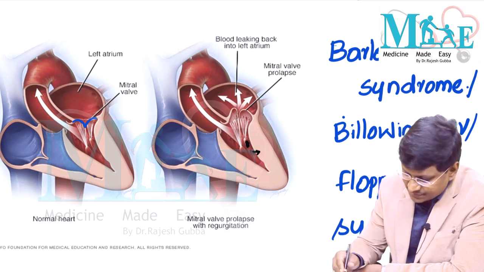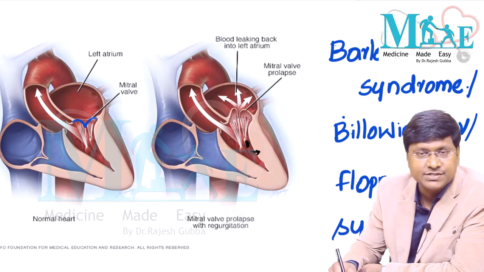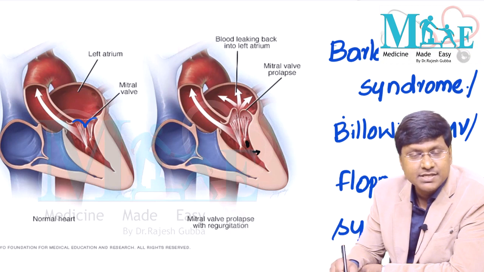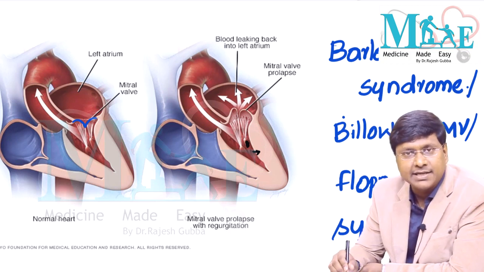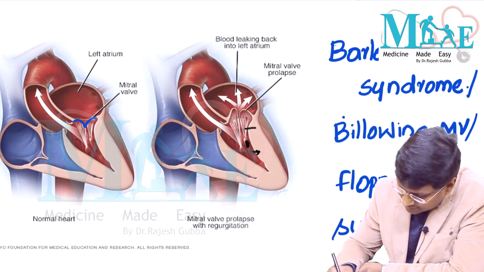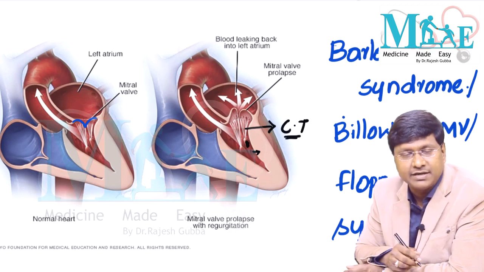But in mitral valve prolapse, the mitral valve leaflets are not only moving towards the base of the mitral valve annulus, they are going beyond the mitral valve annulus. Now, what is attached to the tip of the mitral valve leaflets? That is your chordae tendineae.